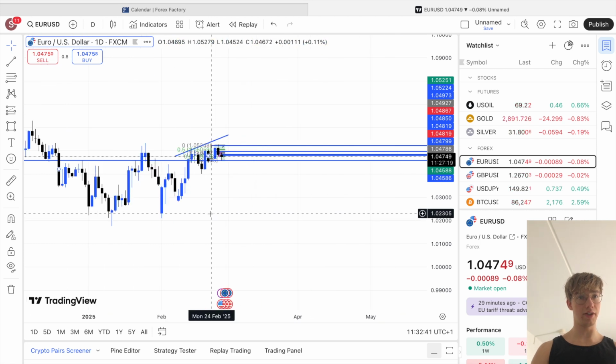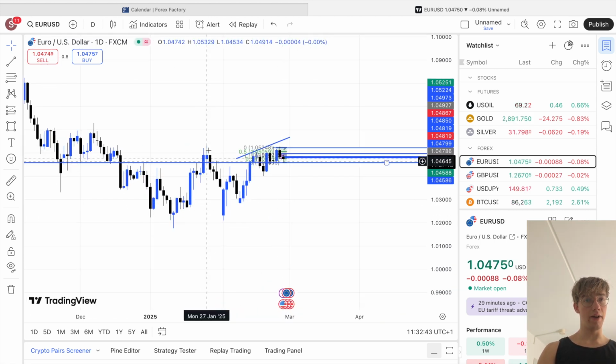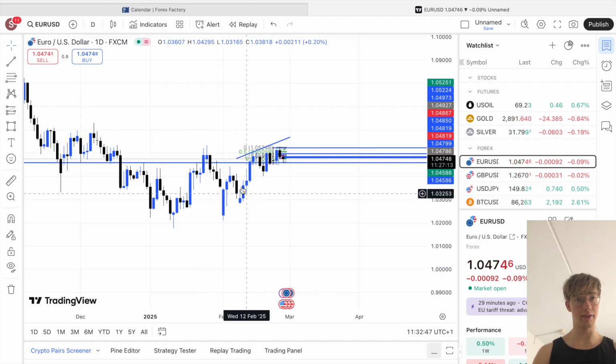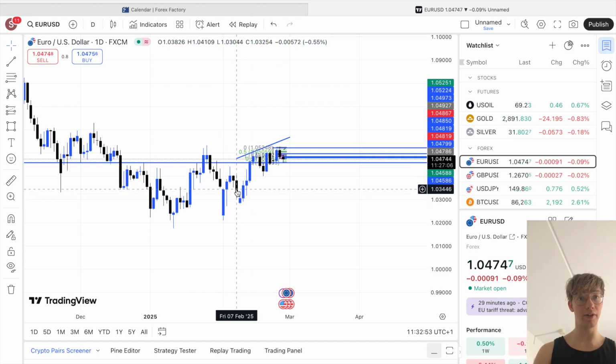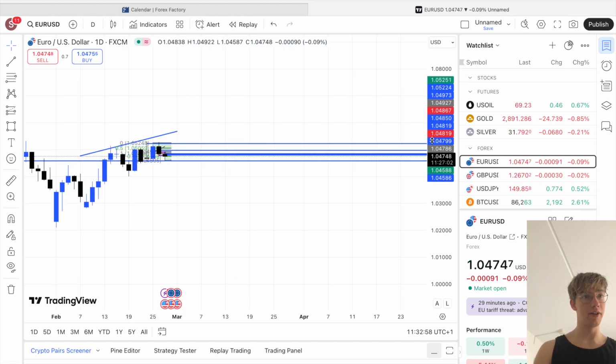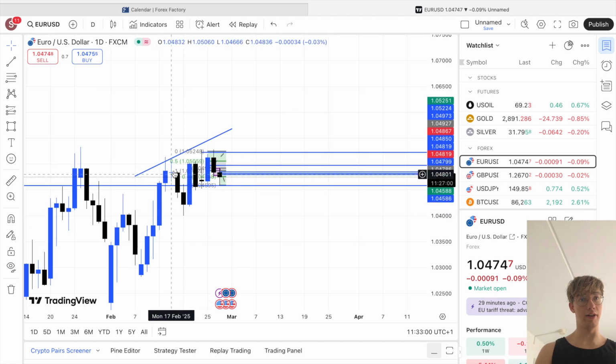As you can see on this one, we have a break of structure right here, and then continue, and then we have a slight downtrend in like 2-3 days or a week. But on the daily we're on an uptrend. I've marked it with this little line right here. So you see, high, low, high, low, high, low.